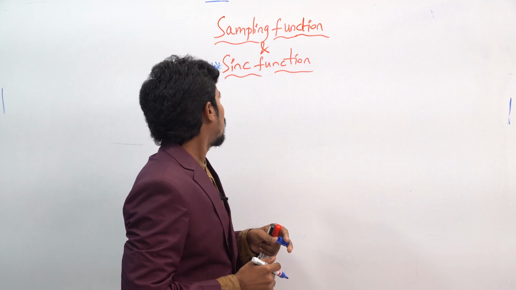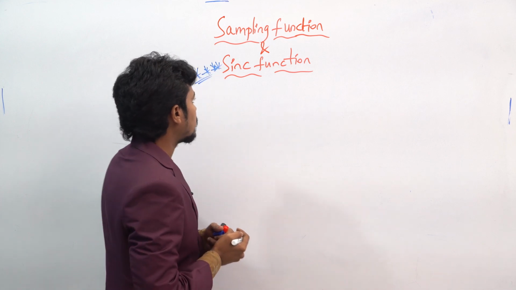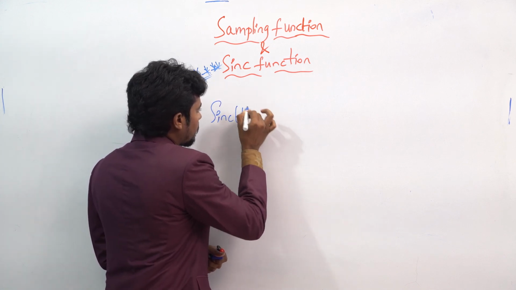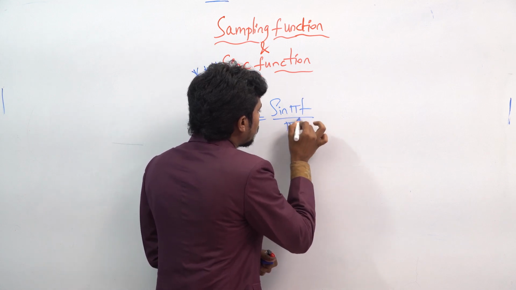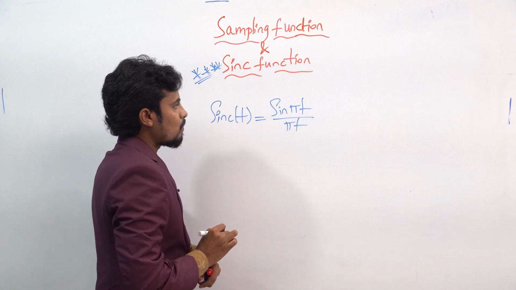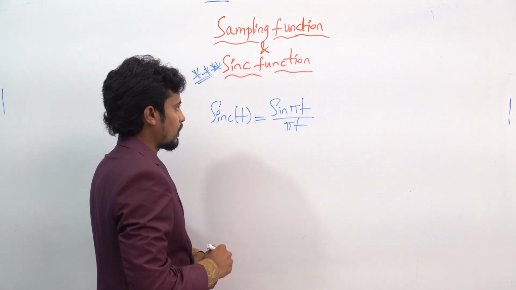For example, let's see the notation for this sinc function. The sinc function can be represented as sinc of t, that will be equal to sin pi t divided by pi t.